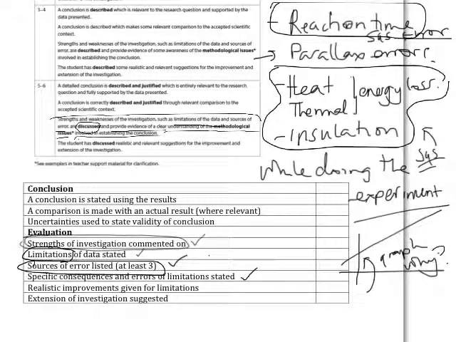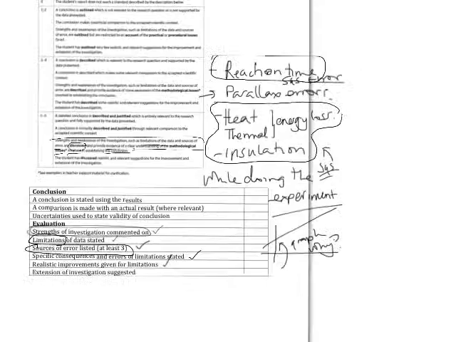Okay, so what do we do to show or to try and compensate for these mistakes? Well, you can give realistic improvements for those limitations, and by realistic that means things that you can actually do. So for example, if you would like to reduce the reaction time error, then you could maybe come up with other ways of measuring time.